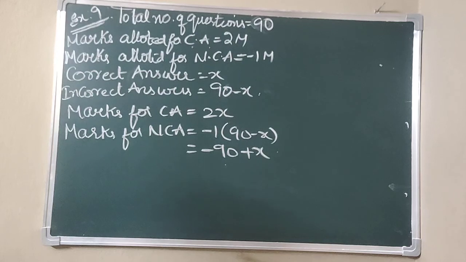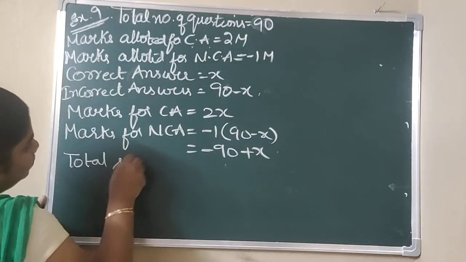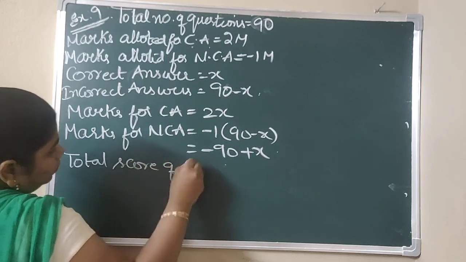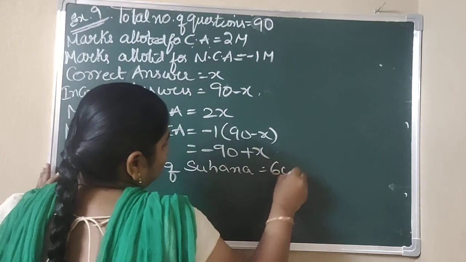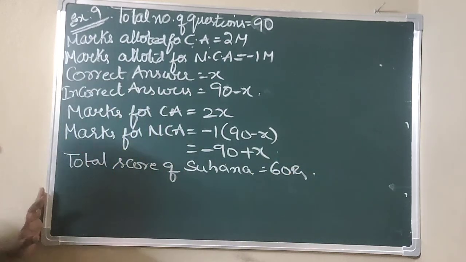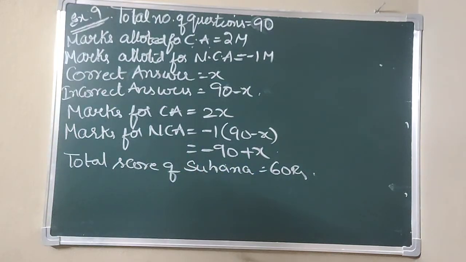And what is the total marks she got? The total score of Sahana is how much? 60 marks. She got the total as 60. That means correct answers plus incorrect answers, if you add, she got 60.